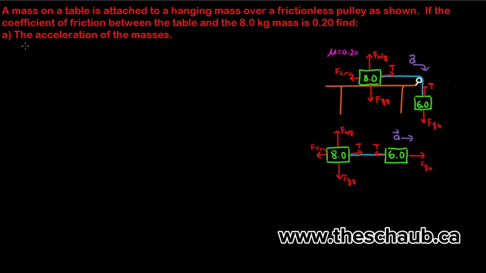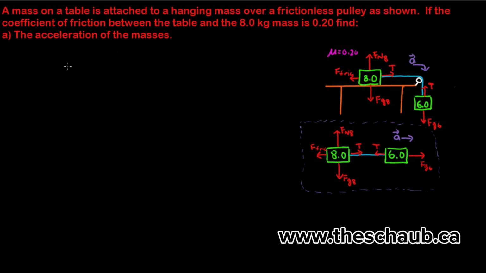We're now ready to start part A and solve for the acceleration of the masses. Since the whole system accelerates, for the acceleration, we're going to consider the whole system. So I'm just going to draw a light box around it to remind us of this. And this is going to become particularly important when we're calculating the tension separately in part B, when we draw a couple more boxes.